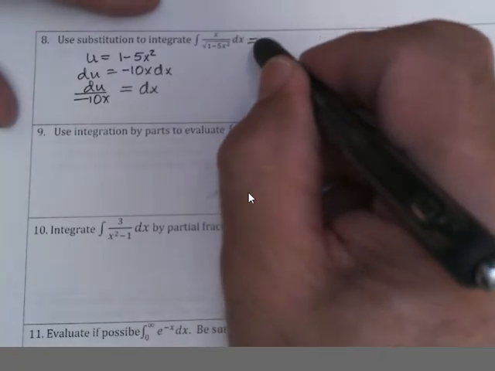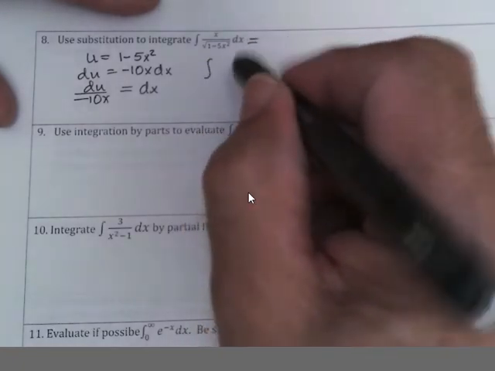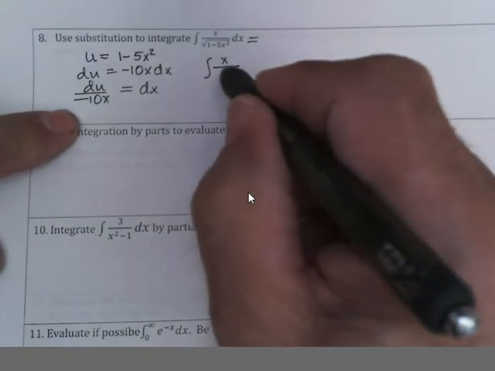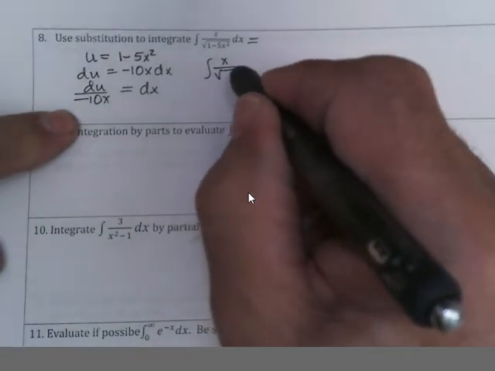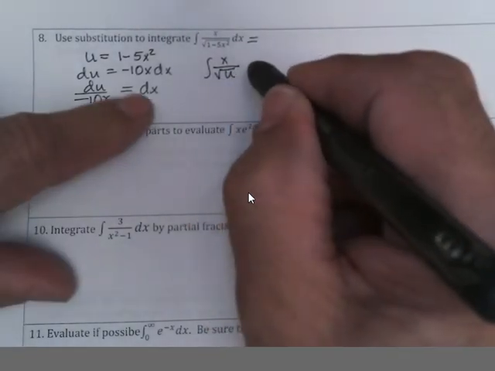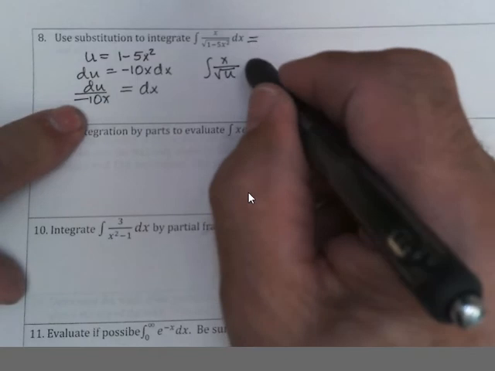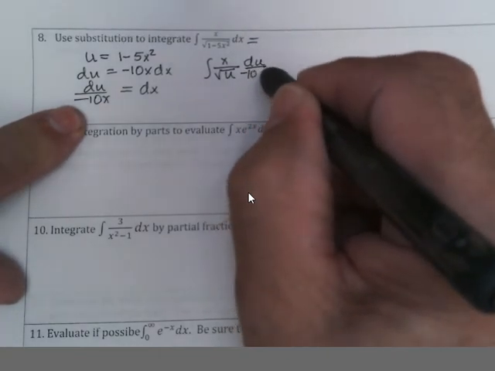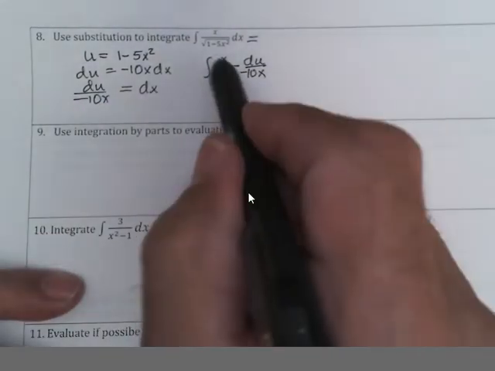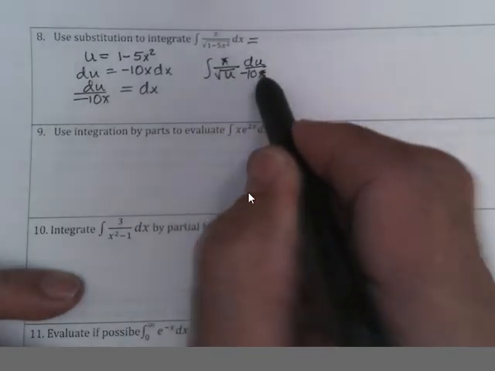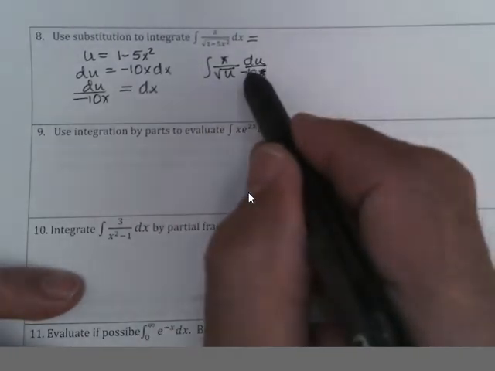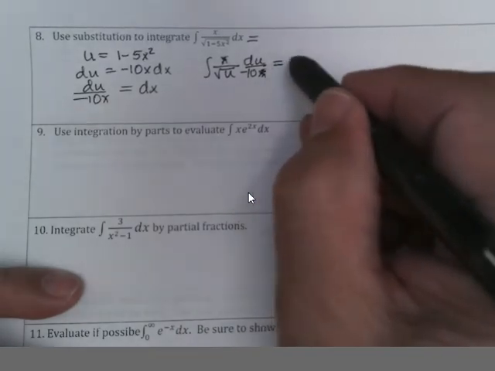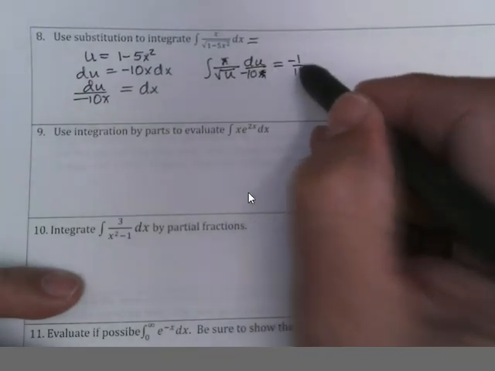So this becomes the antiderivative of x over square root of u, and dx is du over minus 10x. The x's cancel. The minus 10 in the denominator comes out as minus 1/10.